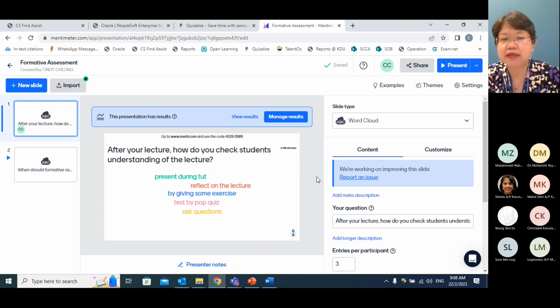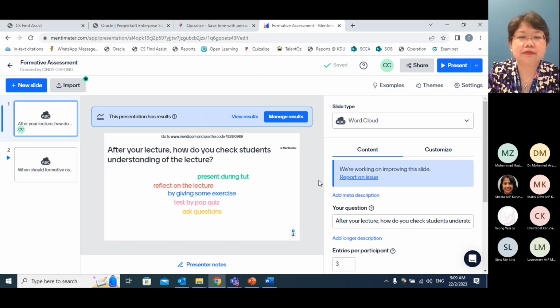Generally, if you were to give them some exercises to do, do you mark those exercises individually, or do you go through the answers with the students all together? You can just let me know through the chat.